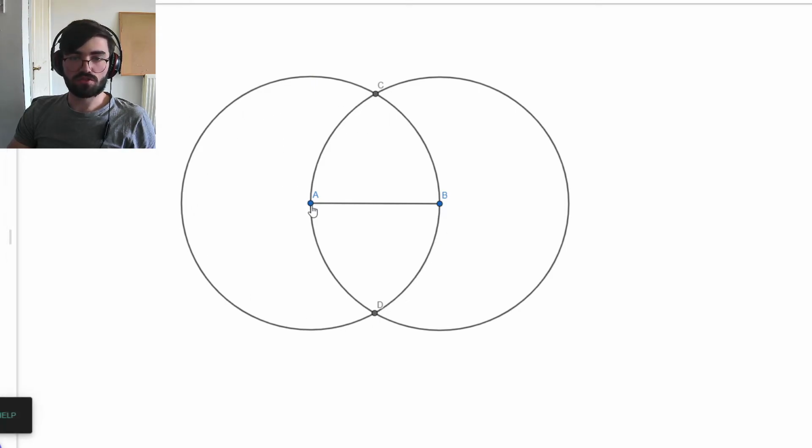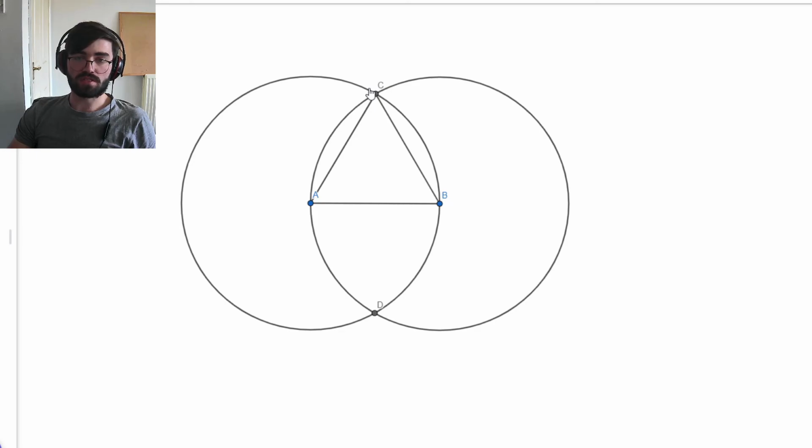So if I draw a line segment from A to C and then from C to B, I know that BC has length AB, and I also know that AC has the same length as AB, because from A to B is its radius, and from A to any point on the circumference is also equal to AB, because that is the length of the radius of this circle.